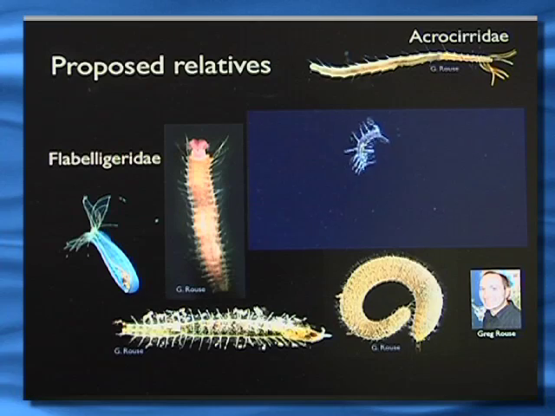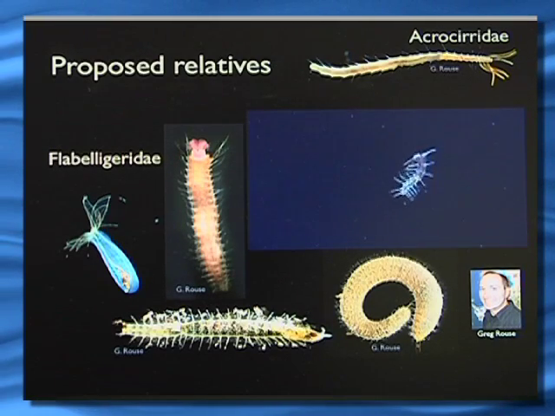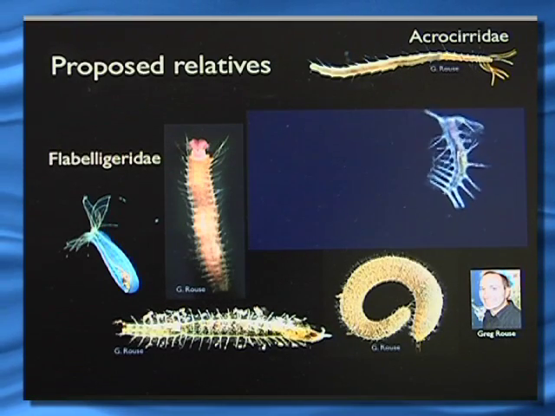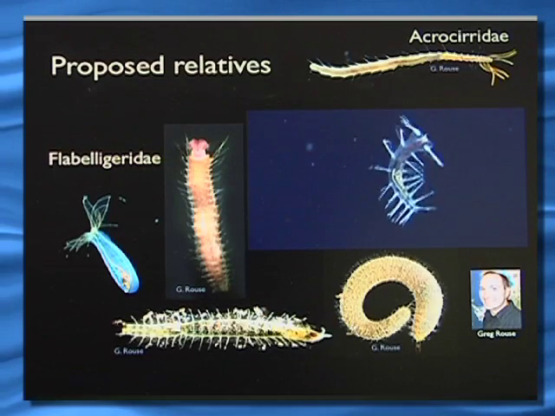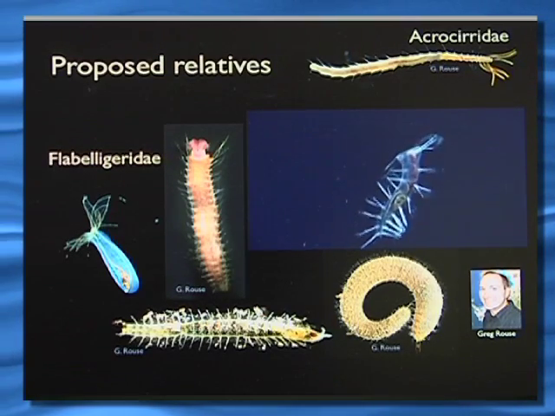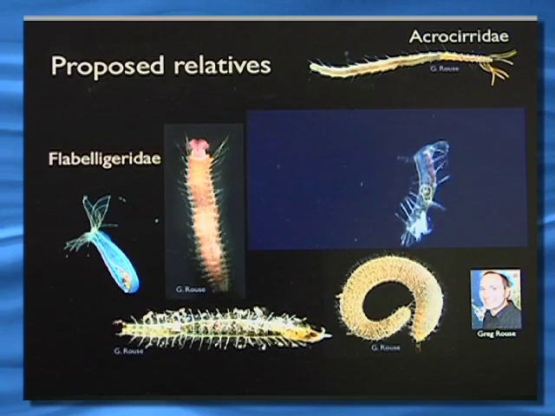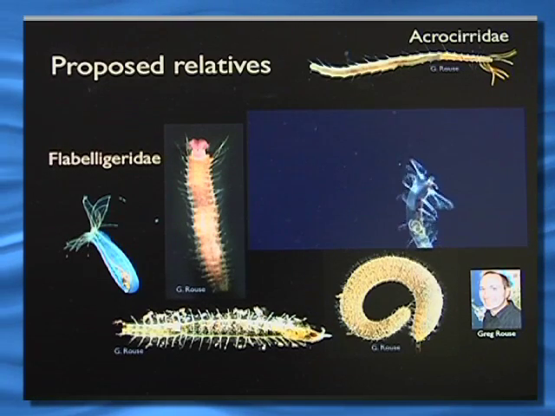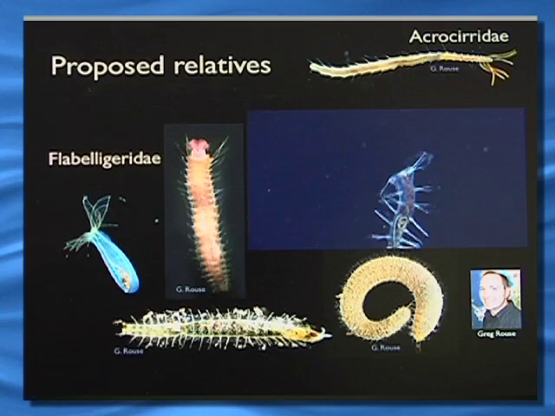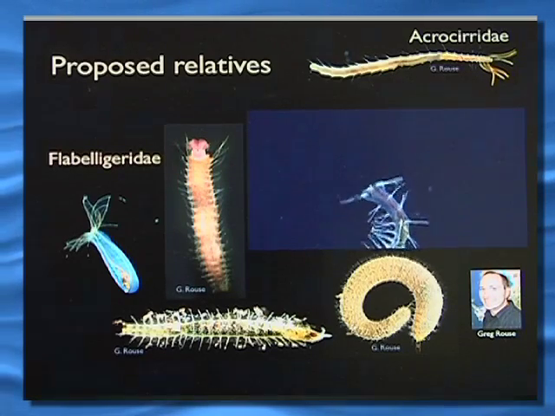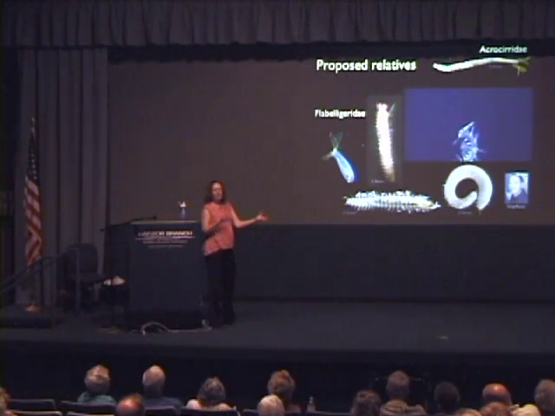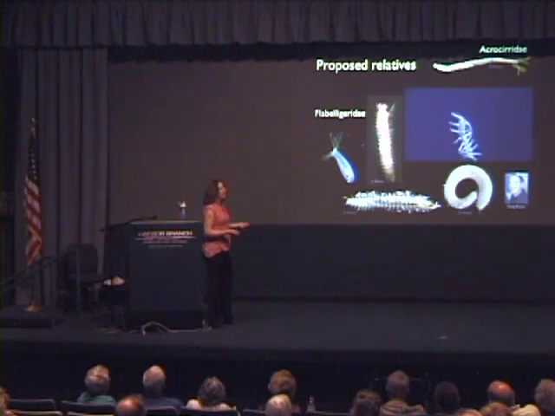Greg Rouse, a researcher at Scripps Institution of Oceanography, really fabulous polychaete person, was willing to let me come to Scripps and work on this as a postdoc. Once I finished my dissertation on isopods, I switched over to polychaetes and finally got a chance to work on these guys. Wanted to figure out where exactly they went, what kinds of polychaetes they were.